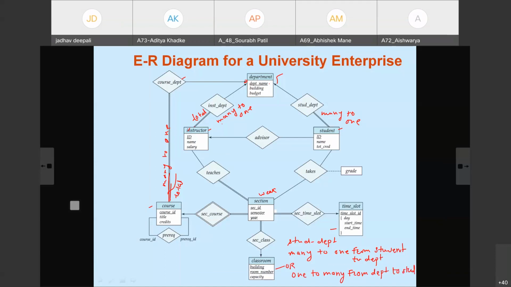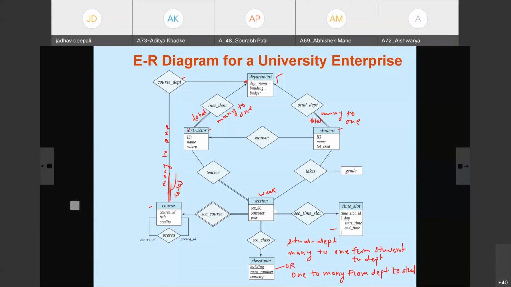Both carry the same meaning: one department, many students. Its participation is total, because if a student is enrolled in the university, the student must be associated with at least one department. That's why it is many to one with total participation.